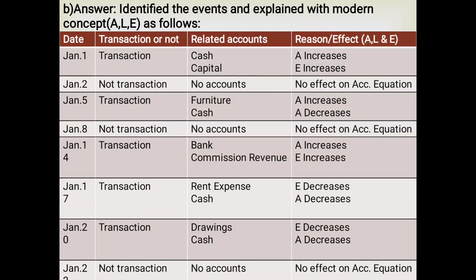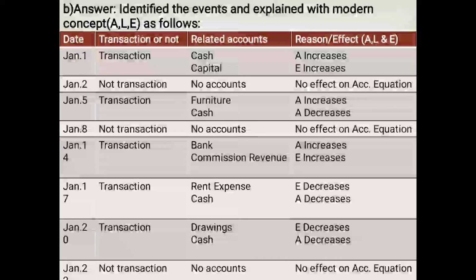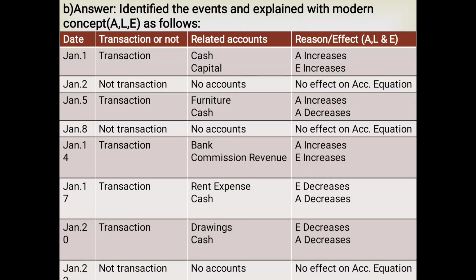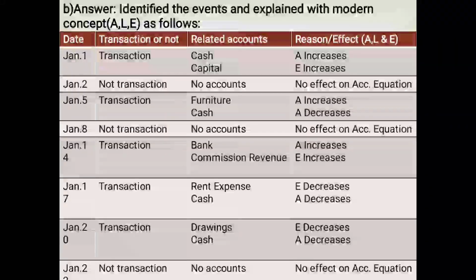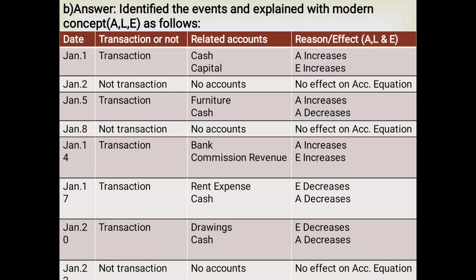January 20, this event is a transaction. It's related to accounts, a drawings account, another one cash account. Drawings is related to equity. When drawings is done, then equity decreases. So reason is equity decreases. And cash has gone from the business.